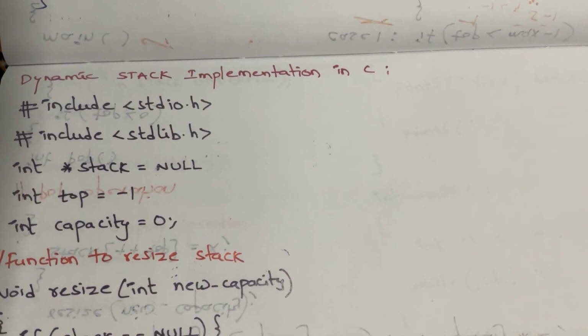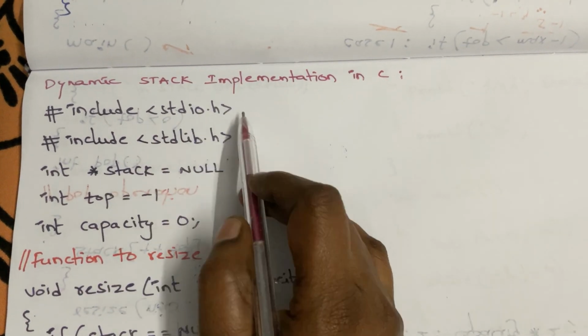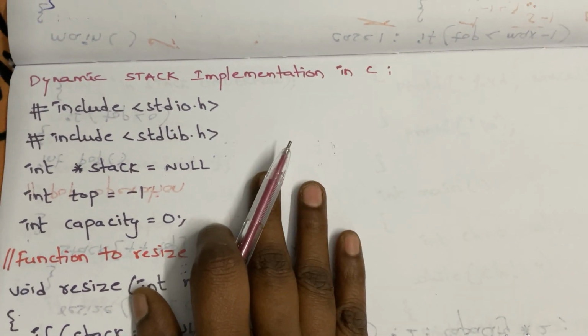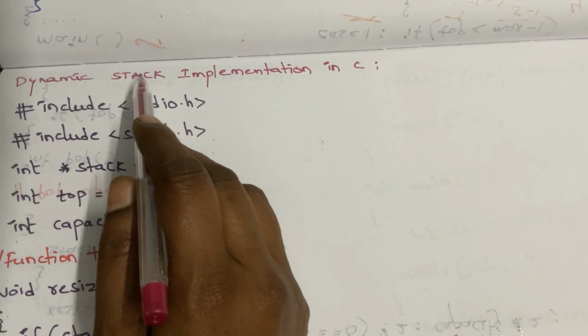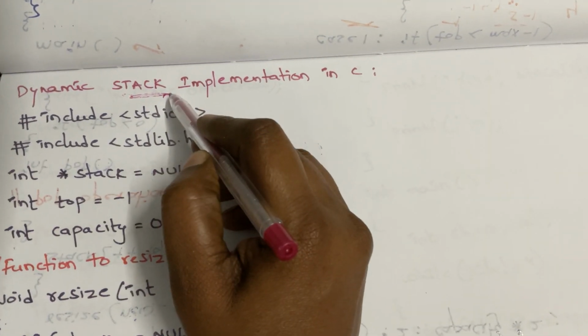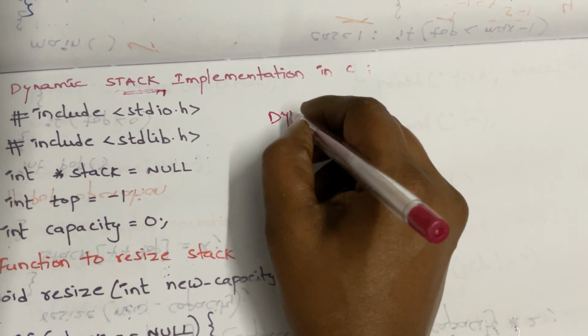Hello everyone. This video is going to talk about dynamic stack implementation in C. This is the same concept as the earlier program that implemented the stack using arrays, but here it is created dynamically.